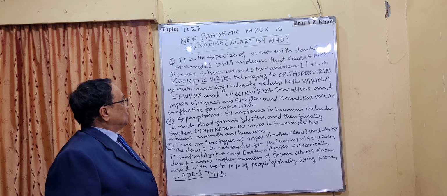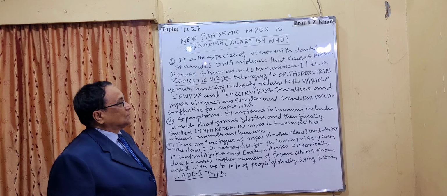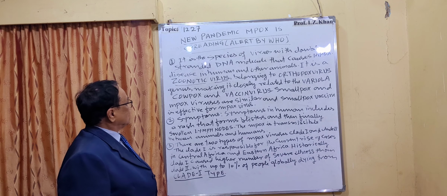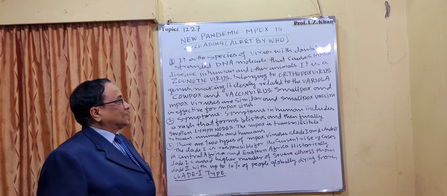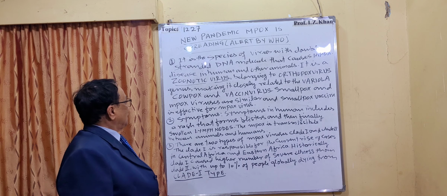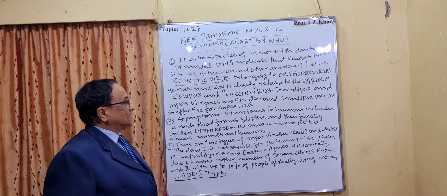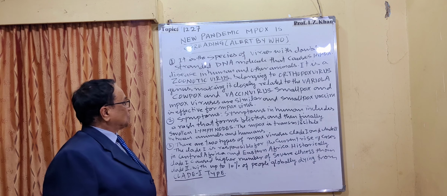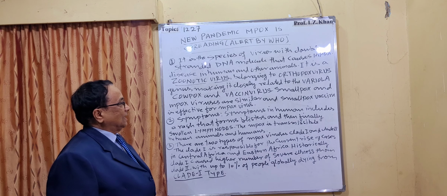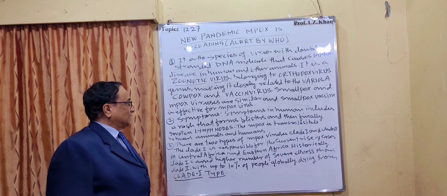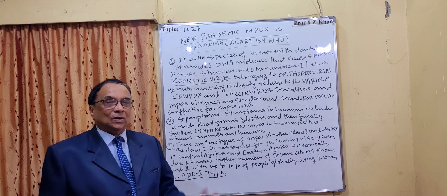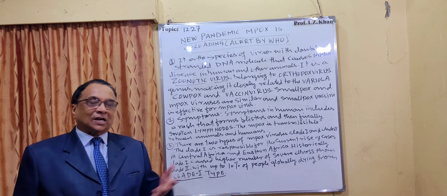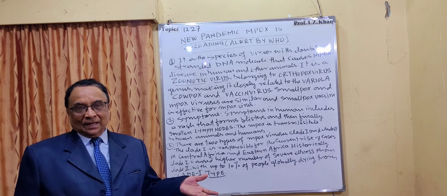It is a zoonotic virus belonging to the orthopoxvirus genus, making it closely related to variola, cowpox and vaccinia virus. Smallpox and mpox viruses are similar, and the smallpox vaccine is effective for the mpox virus. So since both are similar, once you are vaccinated with smallpox, it will cover.